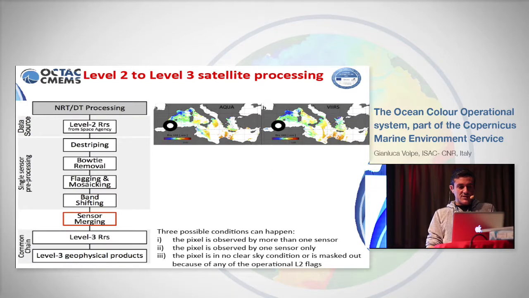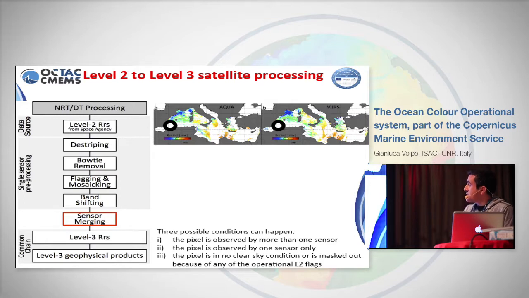Now we have all the ingredients for merging the sensors. These are two snapshots from Aqua and VIIRS, showing the remote sensing reflectance at 443.